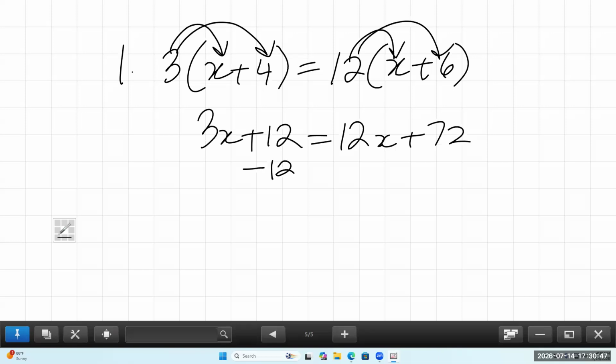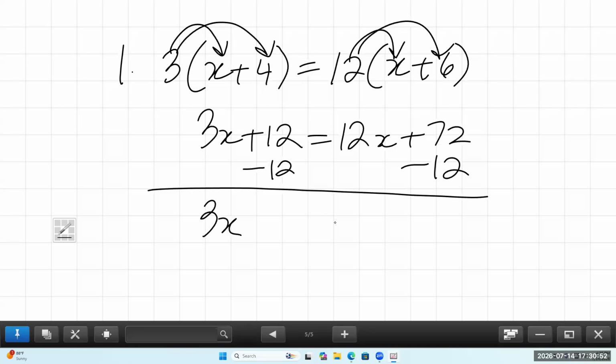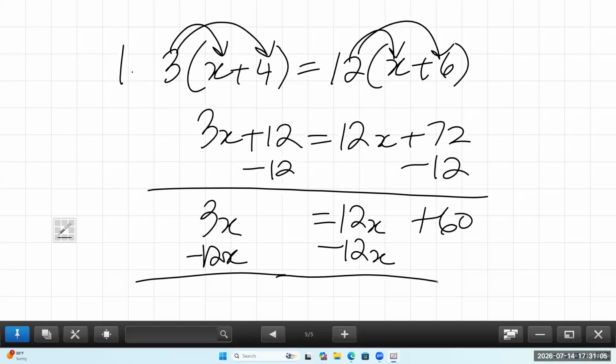We subtract 12 from both sides. We get 3x is equal to 12x plus 60. Now it gets interesting, we have to use integers. We subtract 12x from both sides.